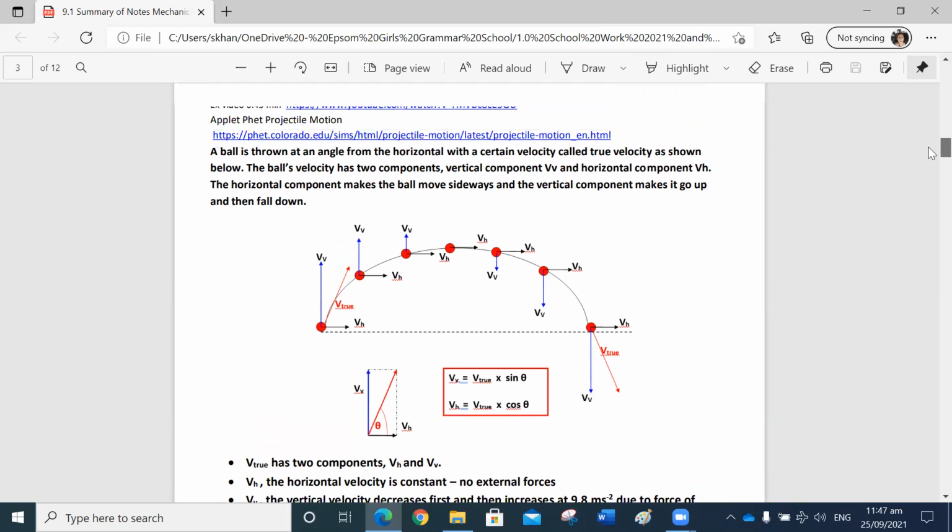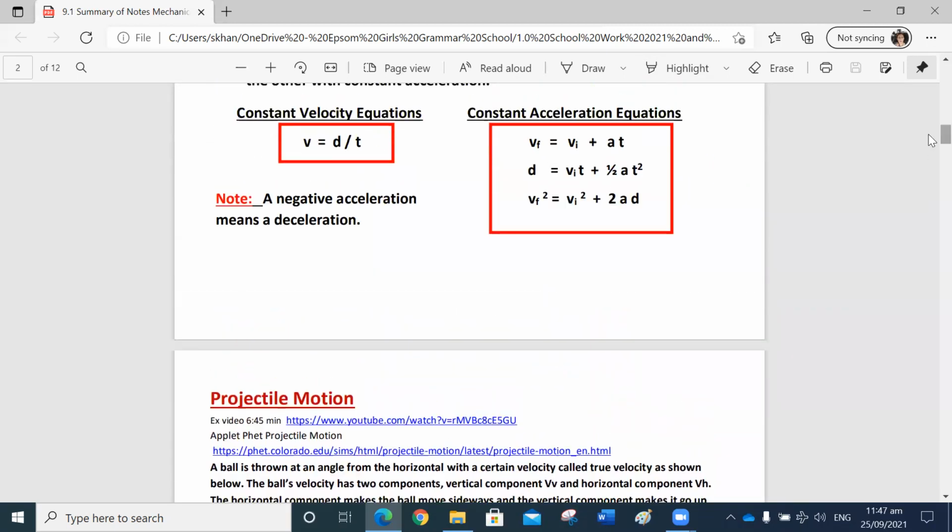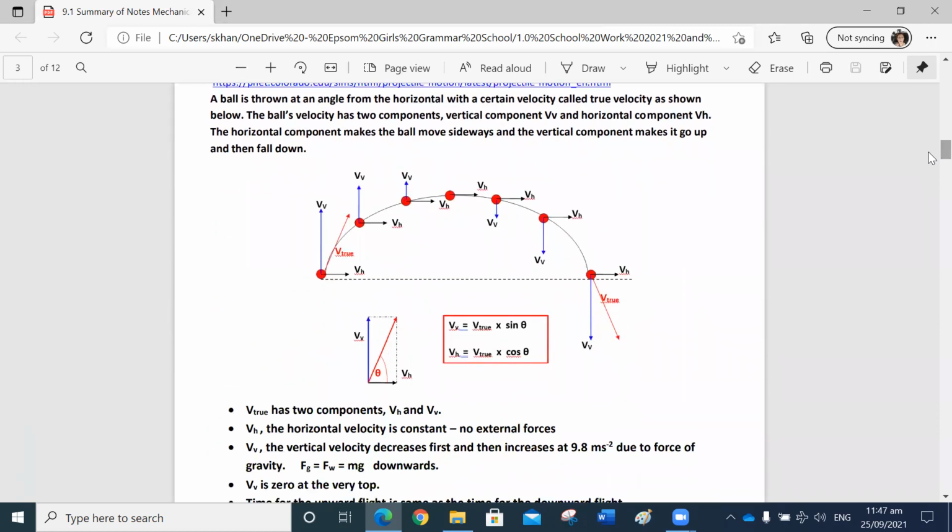So we can use one of those equations, v final and v initial, and the acceleration due to gravity while going up will be negative 9.8. So we can calculate time using this equation, the top one. The first thing is to find the time.